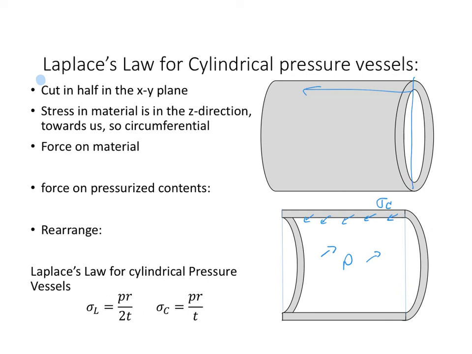And so we can do the same thing we did before where we added these up. The force due to the stress is the circumferential stress times the area it works on. And the area it works on now is these two surfaces there, because we're going to do this over that rectangle that we're seeing in the cut.